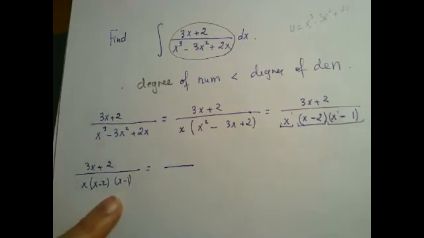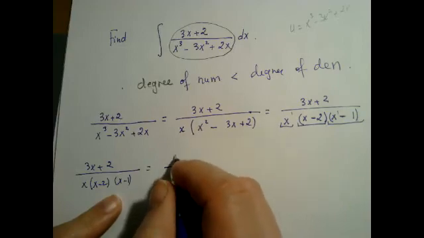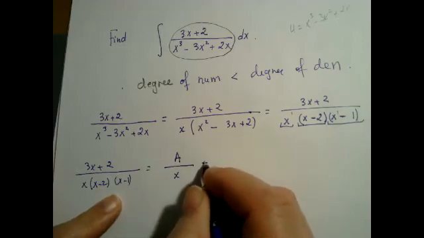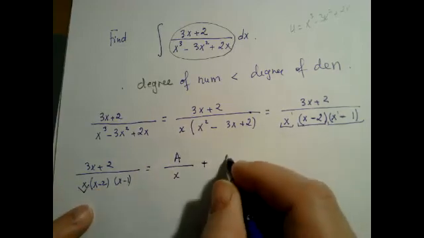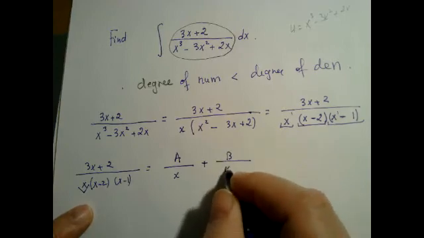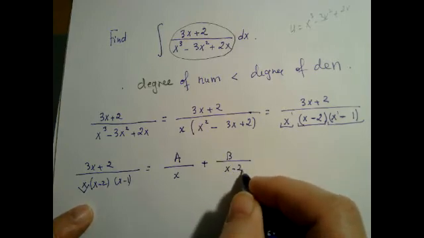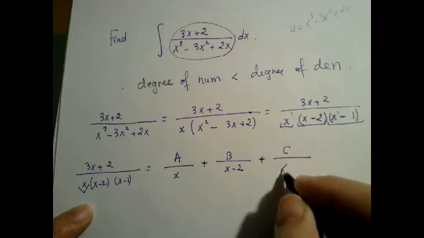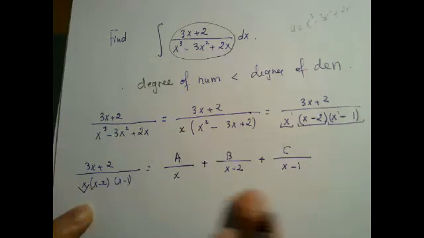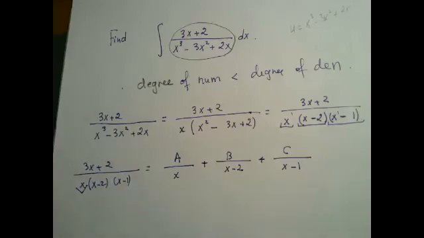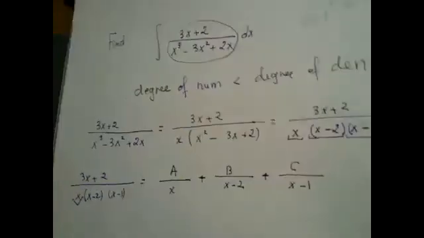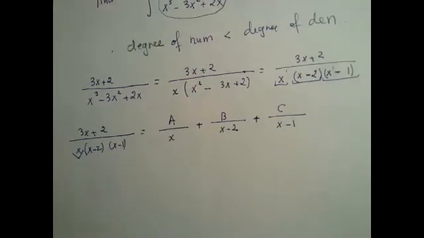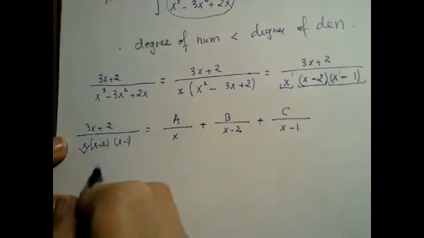Math tells me that you can write this as a certain constant a over x, that's the first factor, plus a certain constant b over x minus 2, that's the second factor, plus a certain constant c over x minus 1. That's what math tells me you can do. A and b and c are constants. And now the question is, we need to find them. How to find them? I repeat the same process as before.